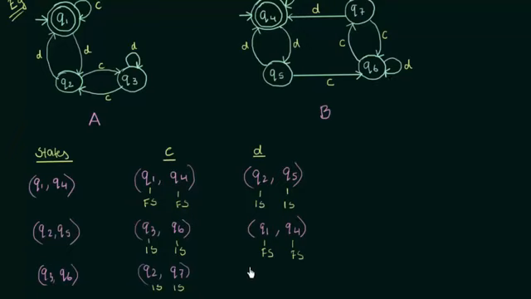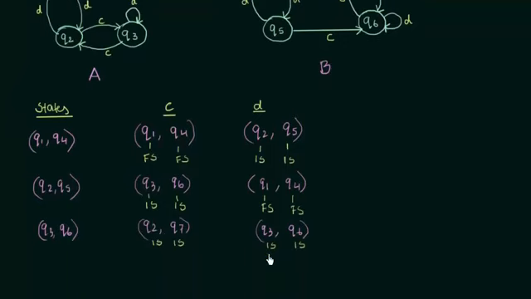Now let's do the same thing for input D. Q3 on input D goes to Q3 itself, and Q6 on input D goes to Q6 itself. You can check it in the diagram, and we see that both Q3 and Q6 are intermediate states. So far all the pairs that we got are either both intermediate states or both final states. So till now it is equivalent.